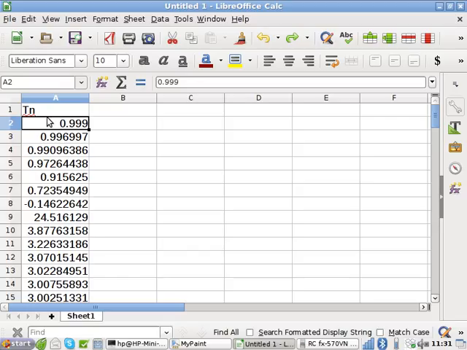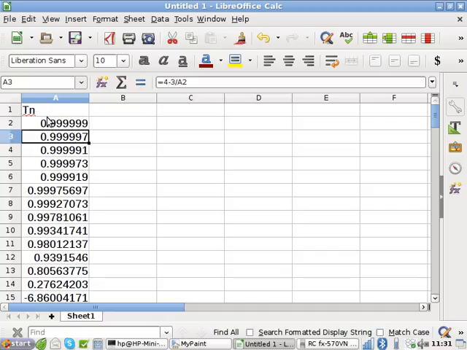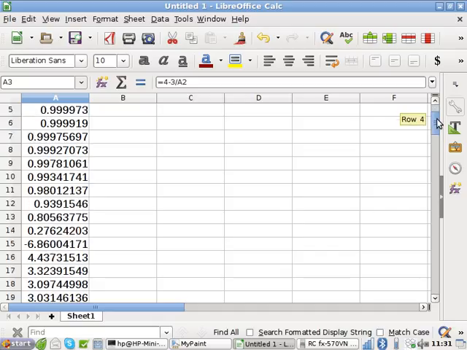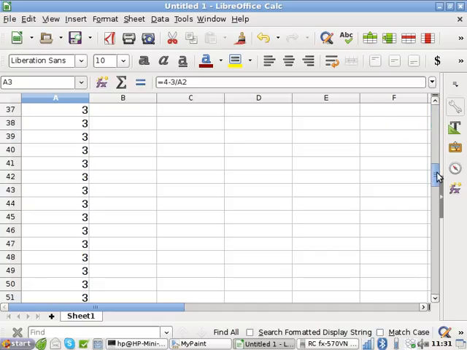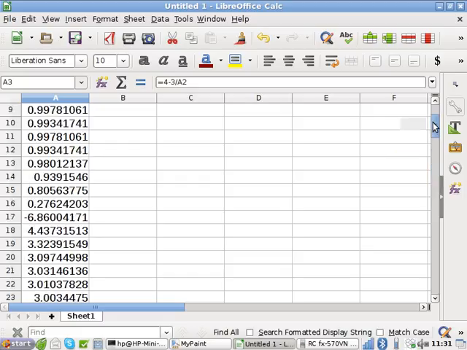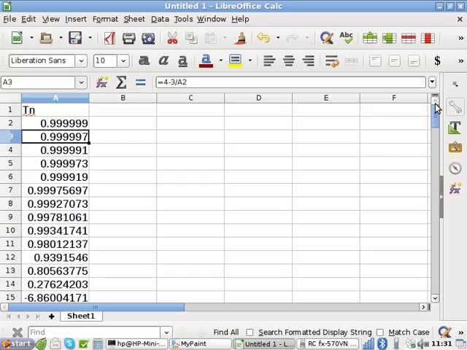Even 0.999999 goes to 3. So sometimes the second answer is actually impossible to reach no matter where you start. But I do think there are situations where if you change the first term, you can move to the other answer. This doesn't seem to be one of them though.